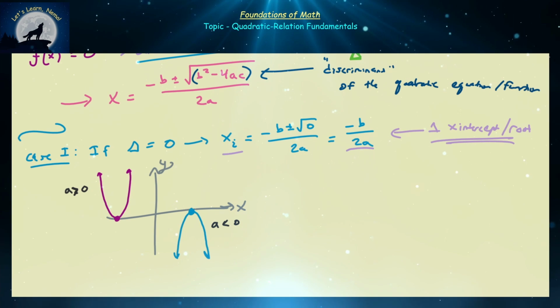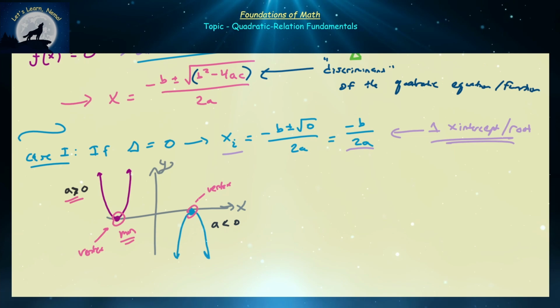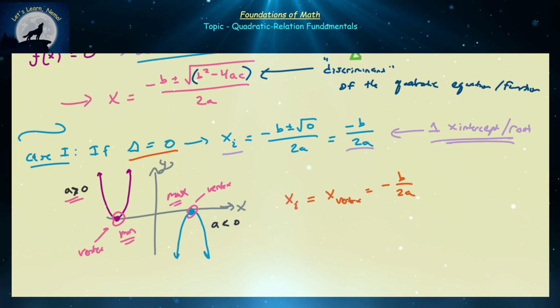In either of these cases, this object, which we usually refer to as the vertex of the parabola, which is either a minimum in the case that a is greater than 0, or a maximum in the case that a is less than 0, is the location of the x-intercept. So when the discriminant is equal to 0, the x-intercept is located at the x-coordinate of its vertex, which is equal to negative b divided by 2a.